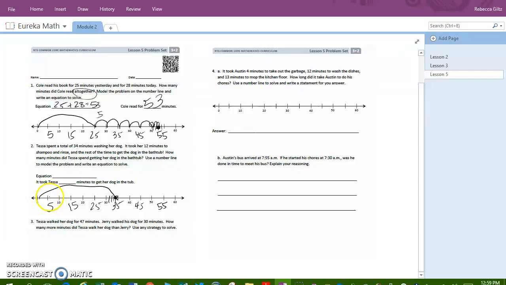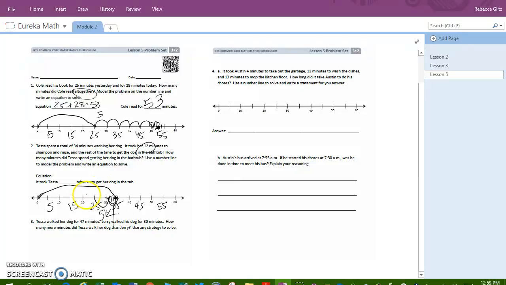The easiest way to do this, and this line should really be starting at the 0. My stylus is a little bit harder to manage. I'm going to go back from 34 to 30. There it is. From 34 to 30 is 4 minutes, right? I have to go back 12 minutes, so I need to go back another 8 minutes. So here's 5 more minutes for a total of 5 plus 4 is 9.